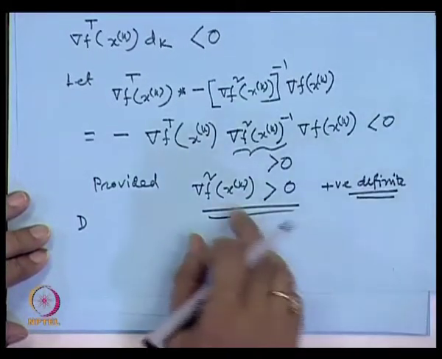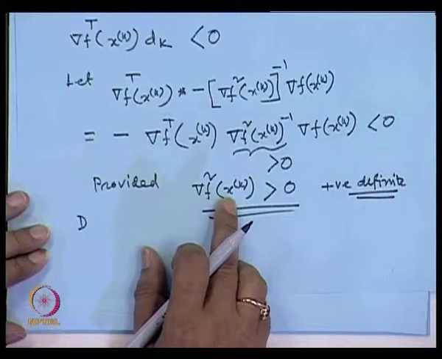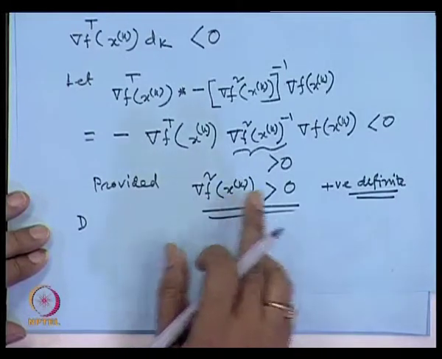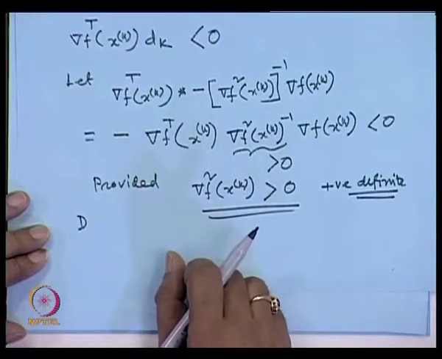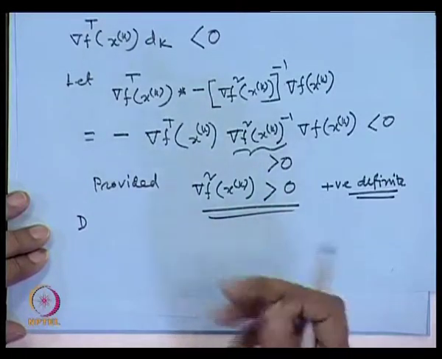So, suppose the Hessian matrix, or the second derivative of the function at each iteration, does not satisfy this condition, then how do we overcome these problems?